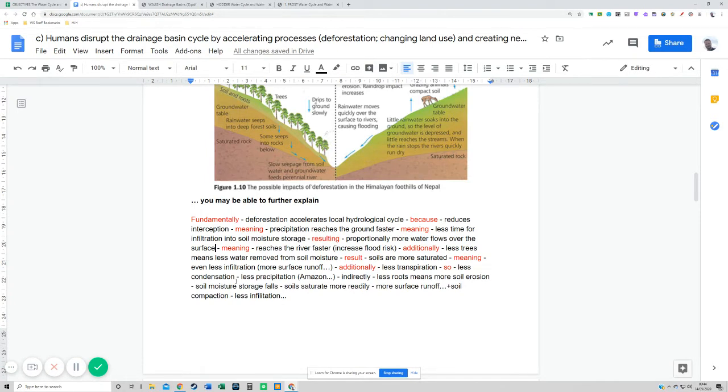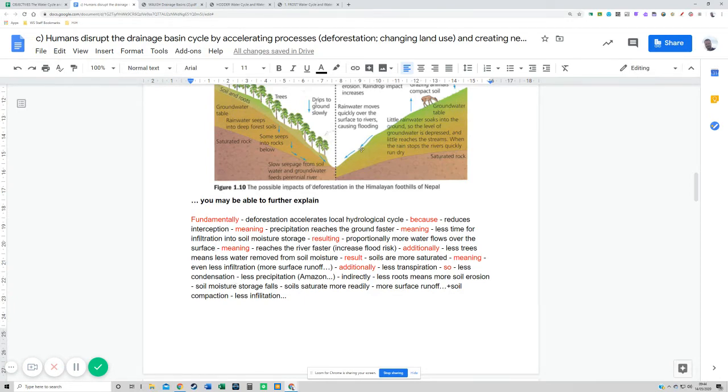So if the soil can absorb 2 units of water a second and you're pouring 1 unit of water a second, all of that water will be infiltrated and go into soil moisture for a period of time. If you go above 2 units a second, then any extra will flow over the surface.